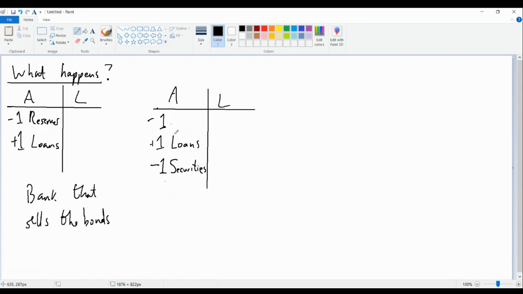They gave it to me when I borrowed, and so I spent it on something, and so those funds are somewhere else. We'll keep track of them in a second. But this +1 was new reserves that didn't exist before. So overall, we have +1 new extra reserves in the world. So where did the reserves go?